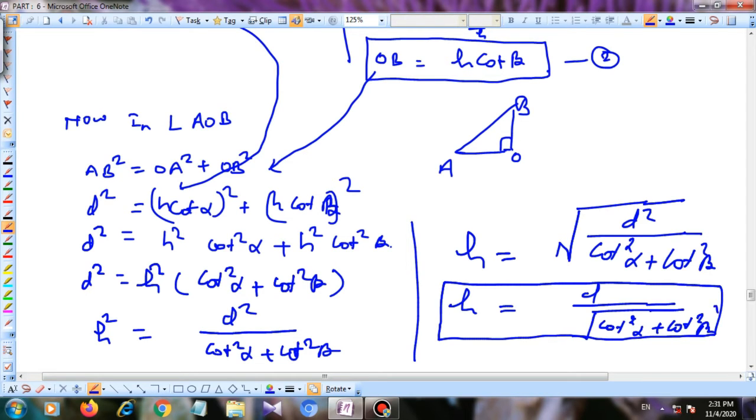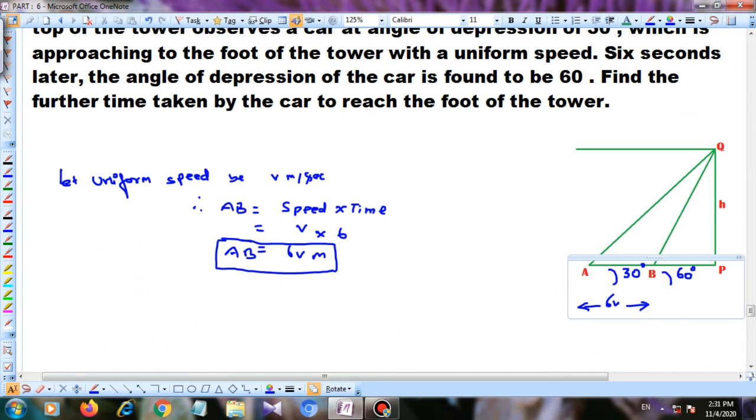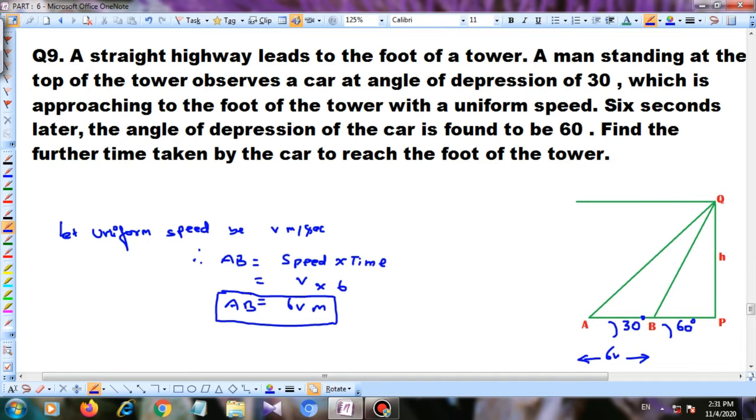Very good question. Now our next question is: a straight highway leads to the foot of a tower. A man standing at the top of the tower observes a car at an angle of depression of 30 degree, which is approaching the foot of the tower with uniform speed.